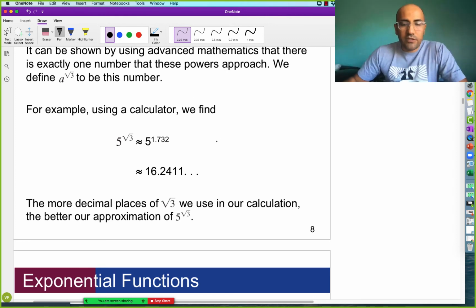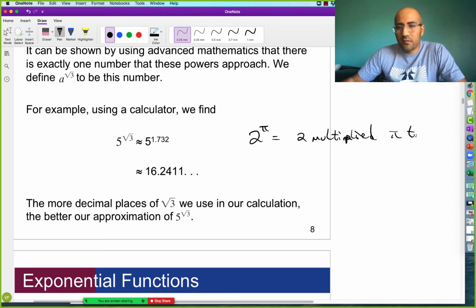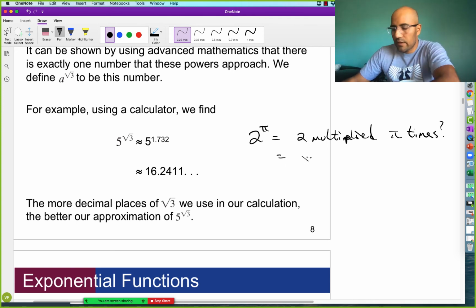So the question is, what would be 2 to the pi power? How do we figure out what that is? This is 2 multiplied by itself pi times? What does that mean? It's 2 times 2 times 2 times 2, and then this thing multiplied by itself pi times.